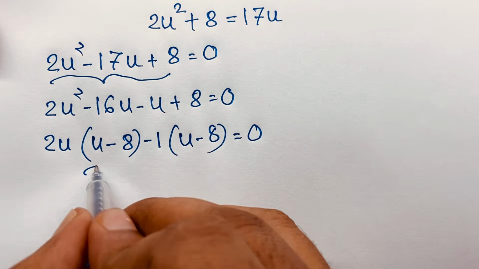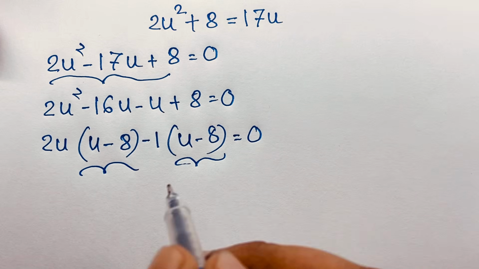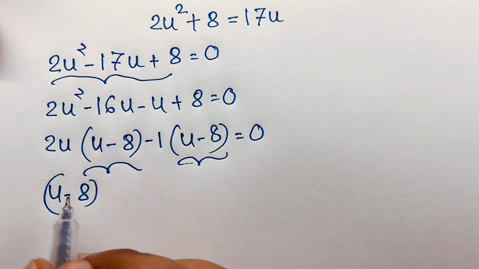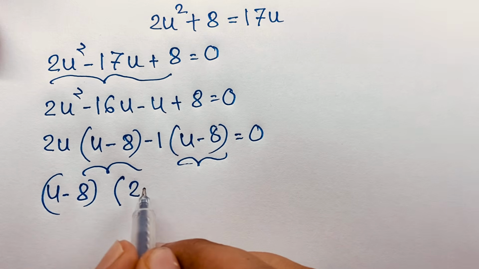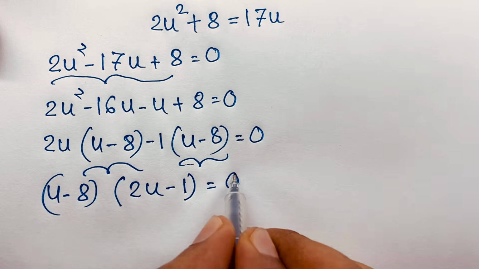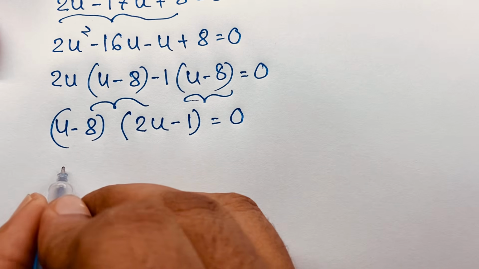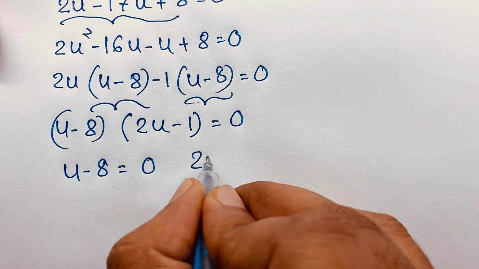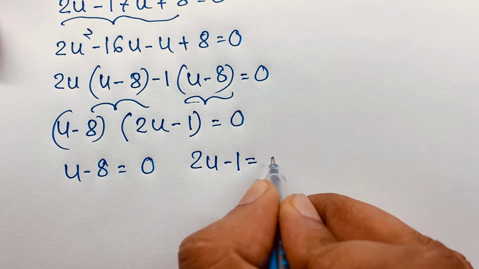Now u minus 8 is common, then this is 2u, this is minus 1, is equal to 0.